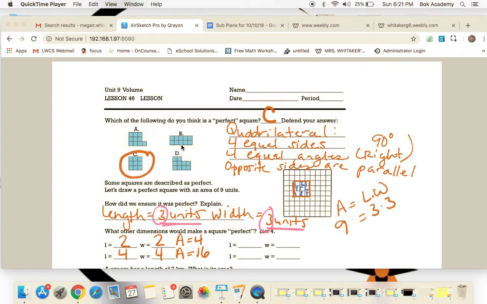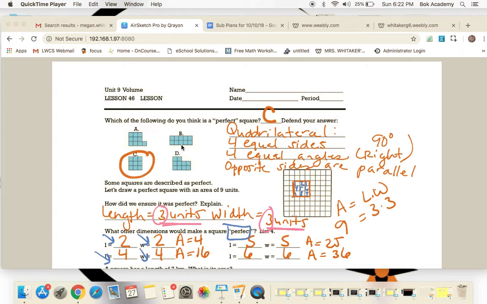We could do 5 as our length and 5 for our width, which would give us an area of 25 square units. Or we could do 6 as our length and 6 for our width, which would give us an area of 36 square units. One thing I'm noticing about a perfect square is that my length is equal to my width, and so on.